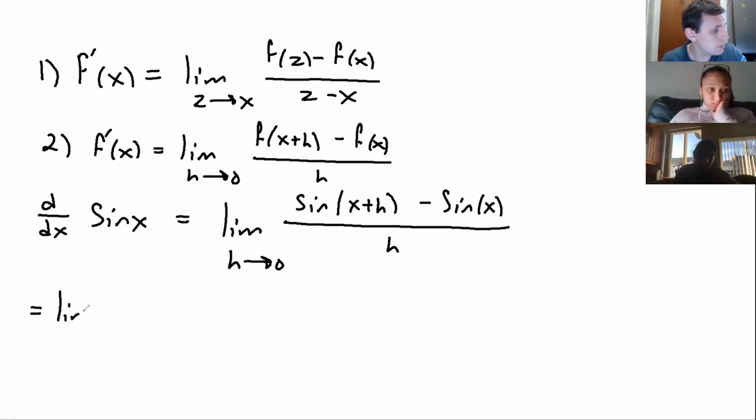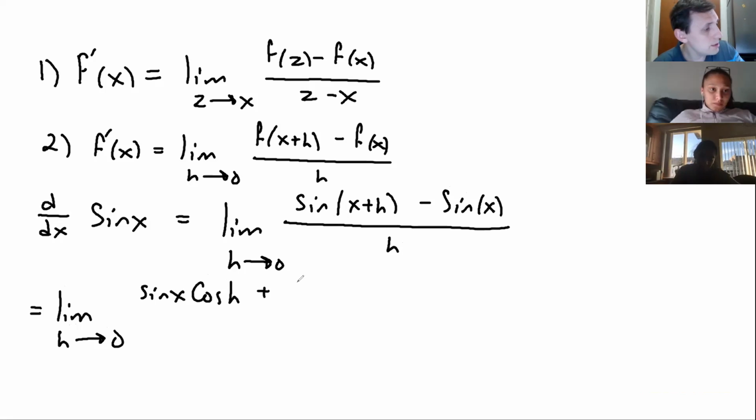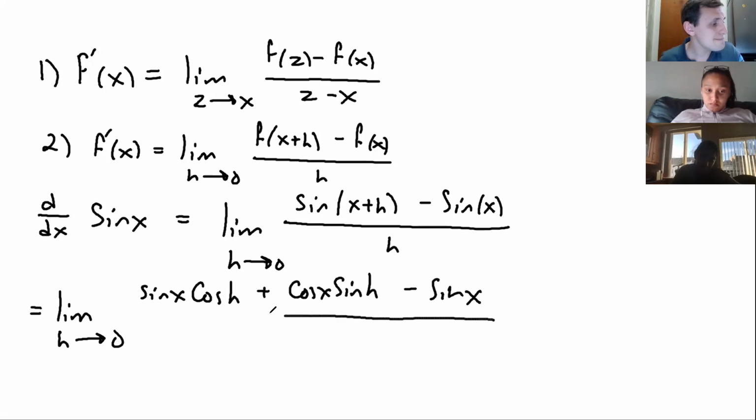This is the limit as h goes to 0 of sine x cosine h plus cosine x sine h minus sine x, divided by h. You see what I did, guys?